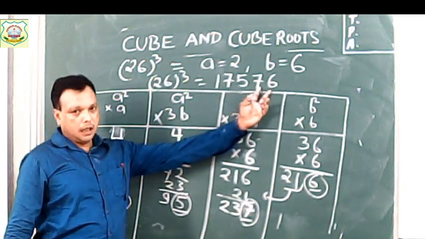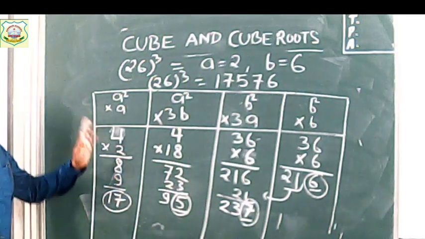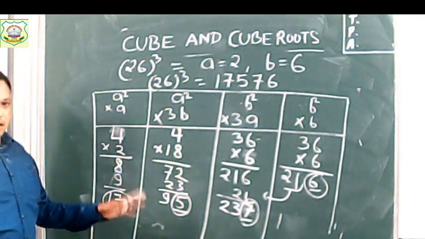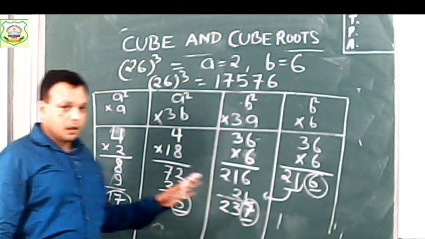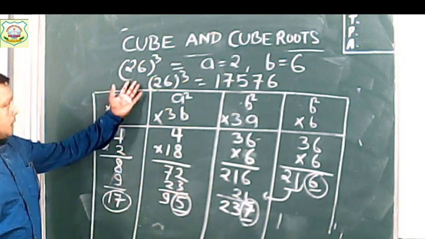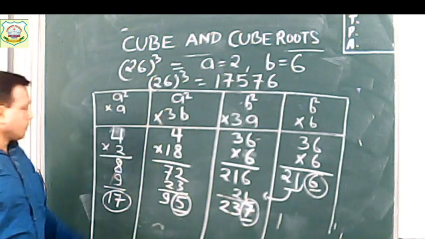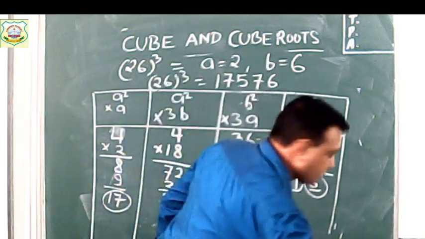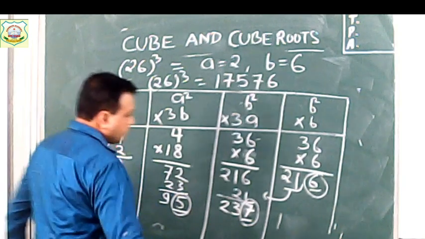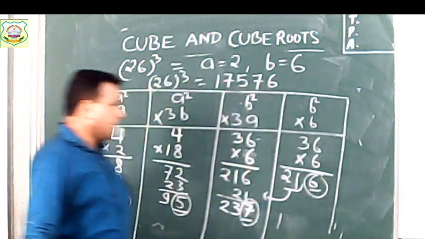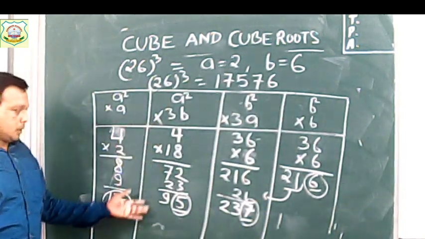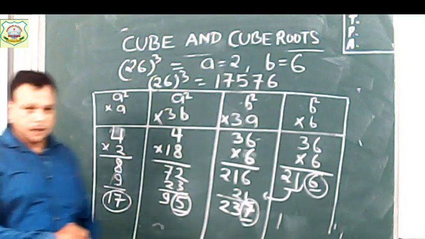It will be our answer. So students, I think this shortcut method you understood. How we will find 26 power cube, and previously we have done 75. So everyone noted how we have done. I think in the previous class also we have done.